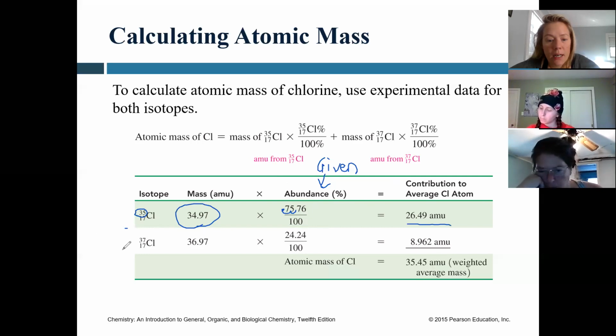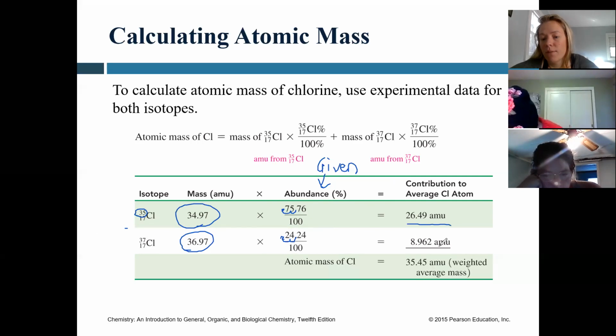So second line here, we've got chlorine 37, which is actually 36.97. So we're going to use that times the percentage, which is 24.24 divided by 100, or move the decimal over 2 spots. And we get that the remainder contribution is 8.9625 AMU. Now we have to add these two things together because these don't look anything like the original number, right?